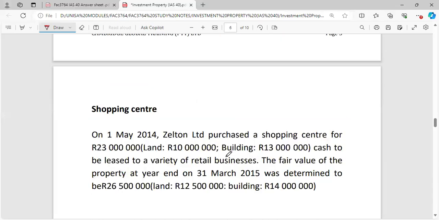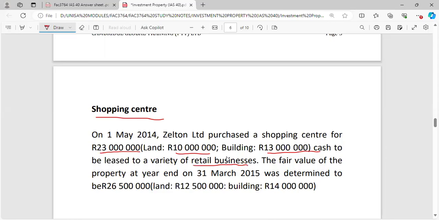Then they say they have a shopping center. On 1 May 2014, Zelton Limited purchased a shopping center for 23 million. That is building 13 million, 10 million for land, cash, to be leased to a variety of retail businesses.